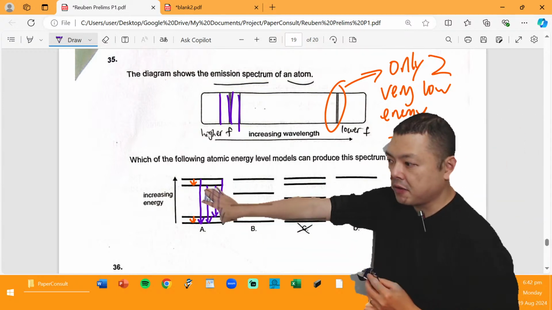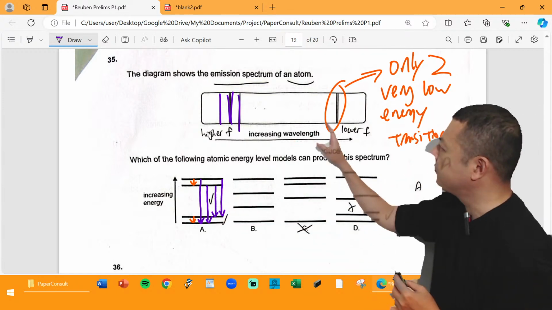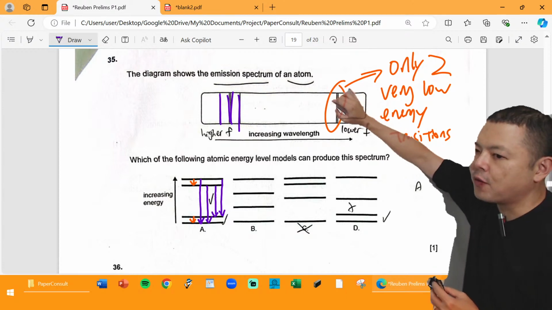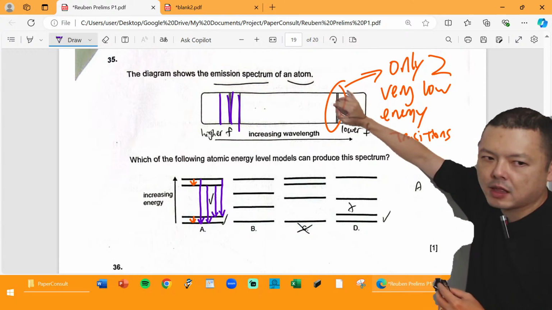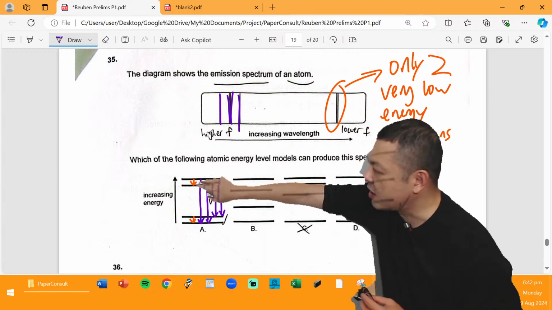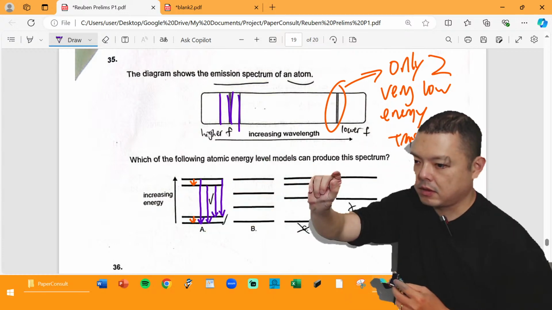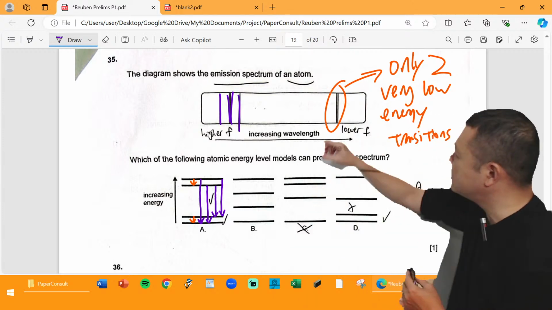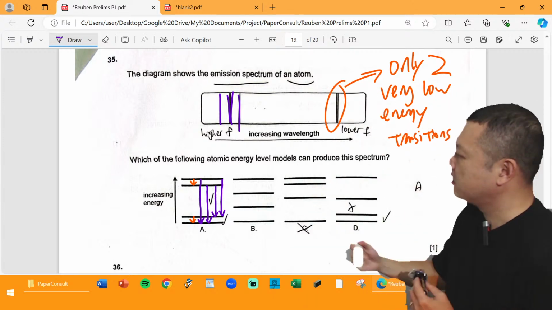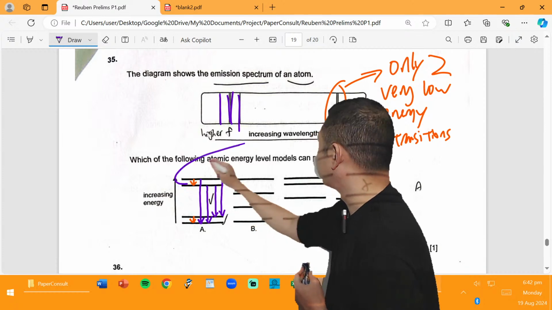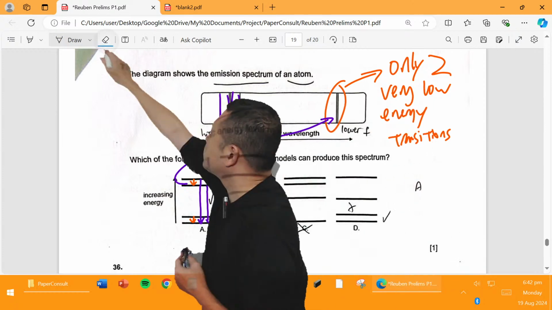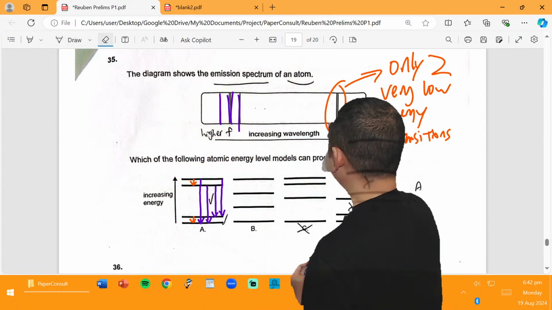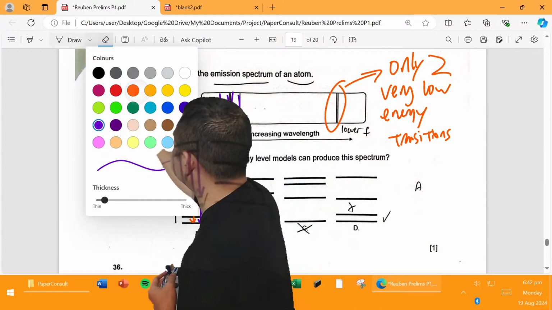These are energy levels, so don't confuse them with the photon energy being emitted. The amount transited represents the energy of the photon, right? So it's about the gap size. The gap size represents the energy of the photon.